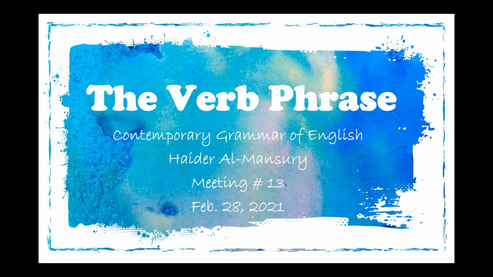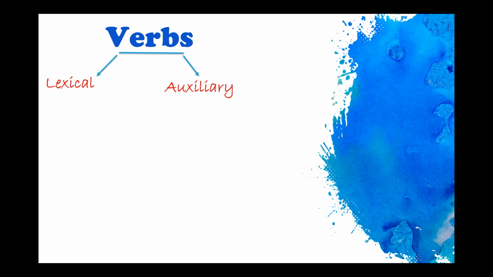In this video I'm going to talk about the verb phrase. To begin with, you need to understand that verbs could be classified according to the way they behave in sentences. Accordingly, we could have two types of verbs, lexical verbs and auxiliary verbs.